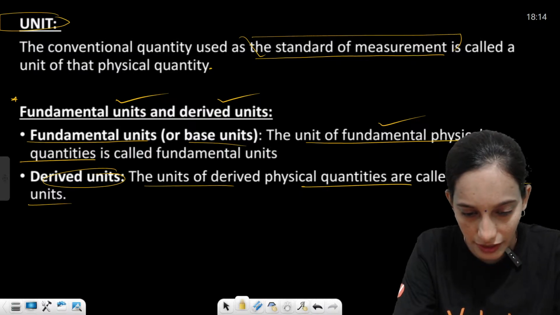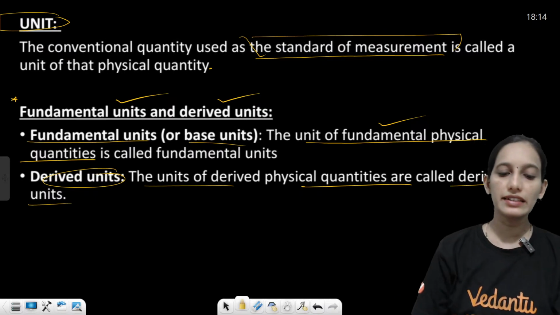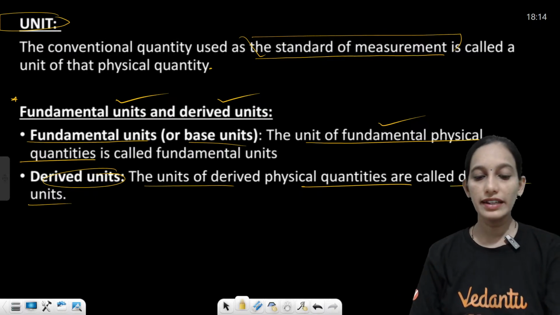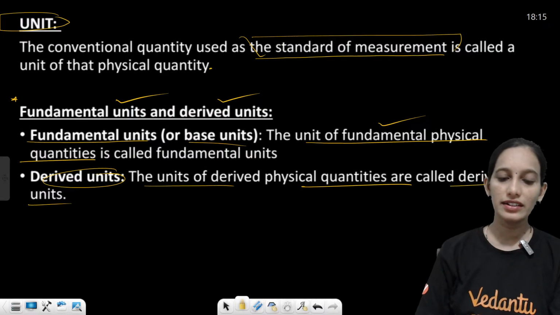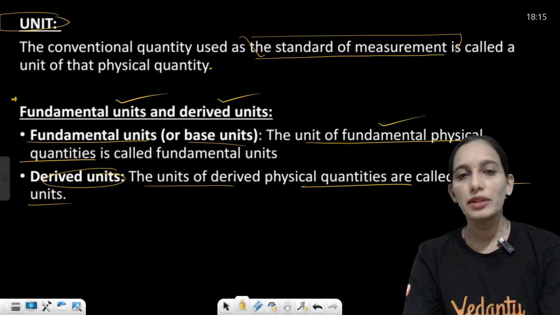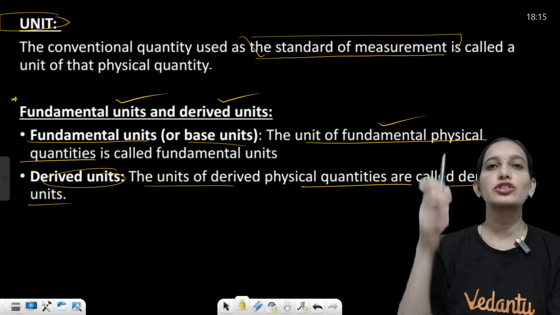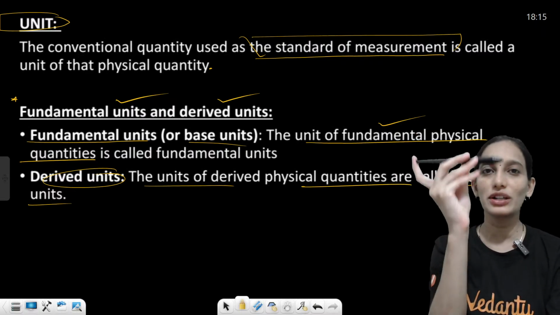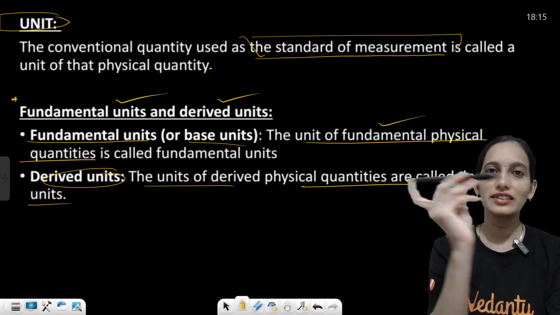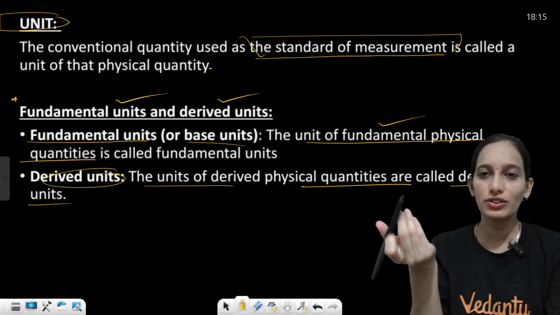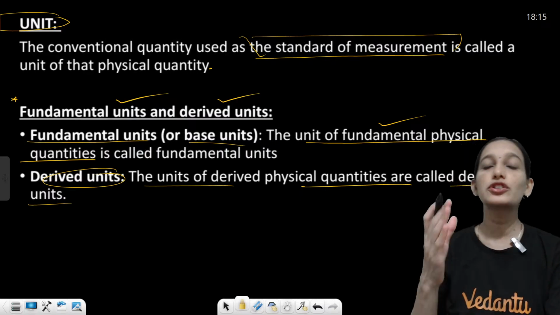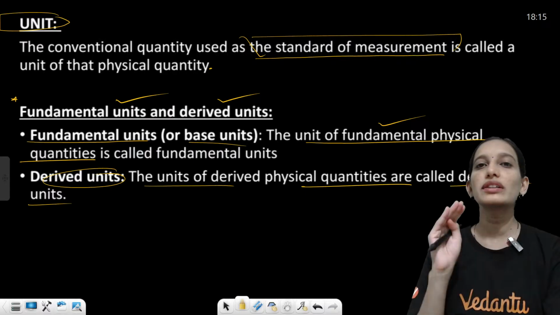Internationally accepted reference standard to measure a physical quantity. Yes, exactly. That's the definition of unit. It is the internationally accepted reference, correct? That is also an important word, because if I say, okay, this is my reference to measure length, let me say this is 1 centimeter, correct? If I consider this pen's length as 1 centimeter, nobody is going to agree with me, right? Because it should be a standard, universally accepted.